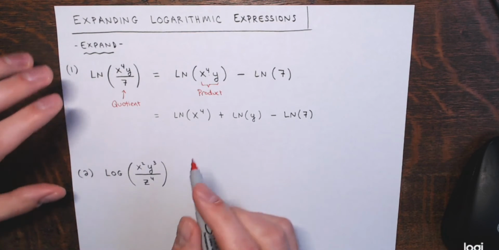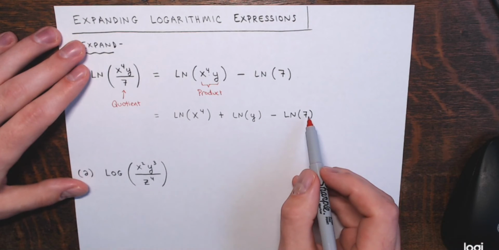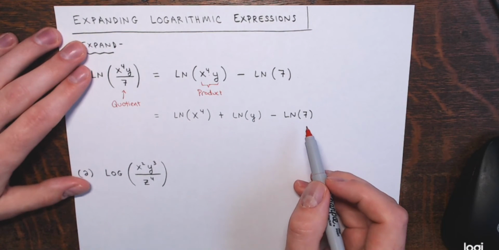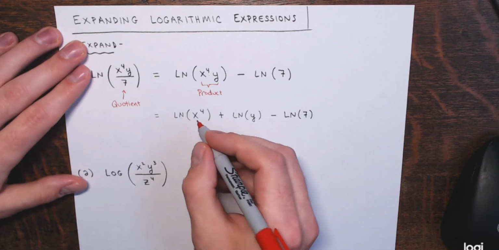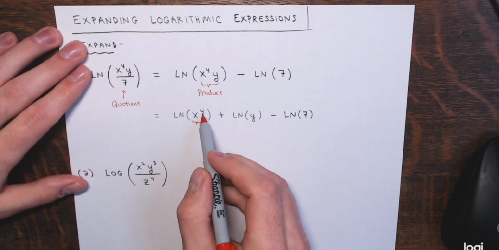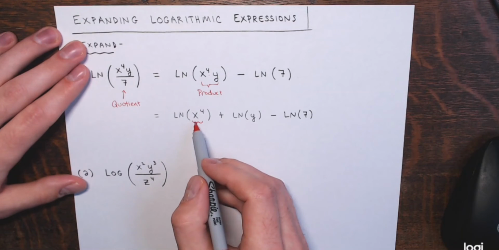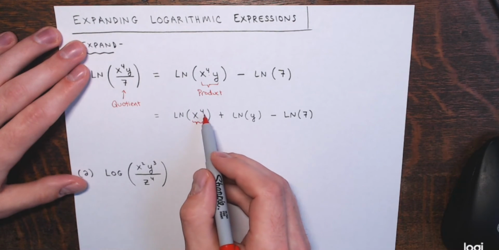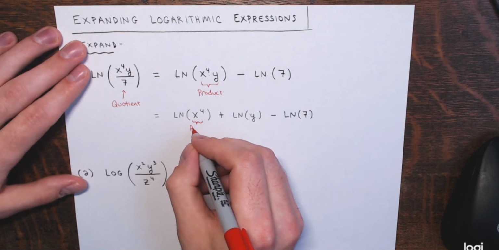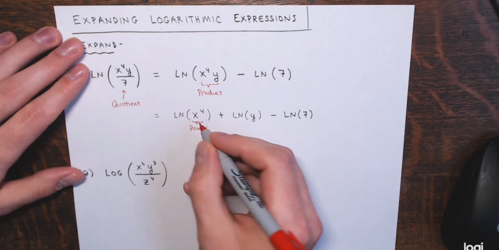So now again, I go back and look inside the logarithms and ask, do I have a product or a quotient or a power? And then, inside this first log, finally, I can apply the power rule. Everything in here is raised to the fourth power, right, to a single power. So I can apply the power rule to that first logarithm.